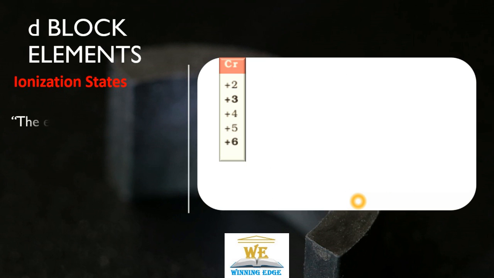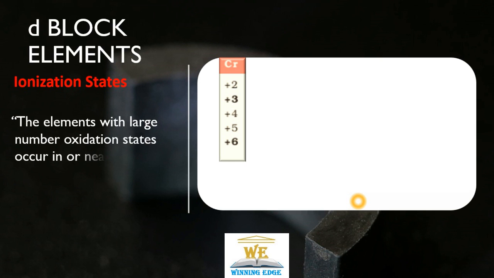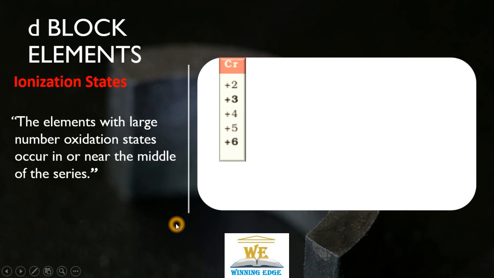Chromium. The elements with a large number of oxidation states occur in the middle of each series. Here in the 3d series, chromium, we know, has 6 unpaired electrons. That's why it shows up to +6 oxidation state.